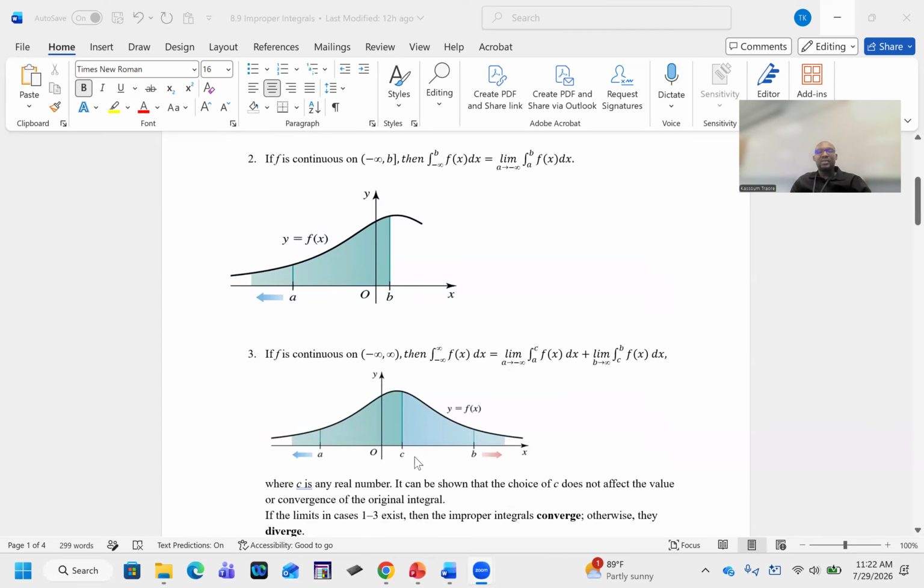And 3, if f is continuous on the open interval negative infinity to positive infinity, then the integral from negative infinity to positive infinity of f of x dx is equal to the limit of the integral from a to c of f of x dx as a goes to negative infinity, plus the integral from c to b of f of x dx as b goes to infinity.